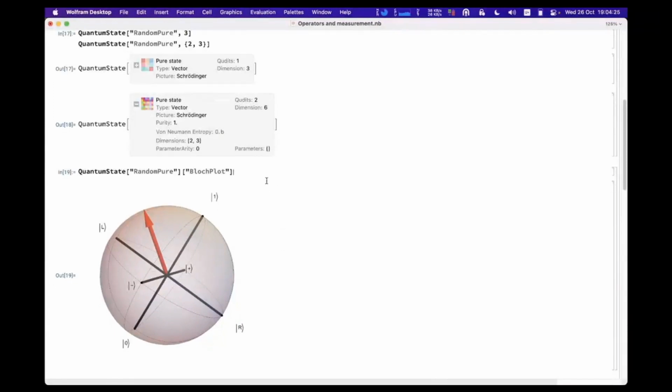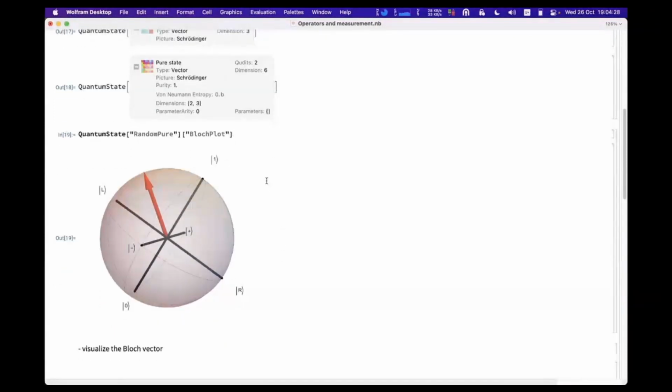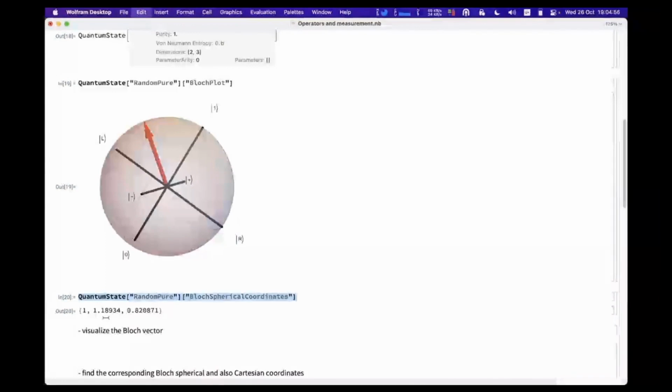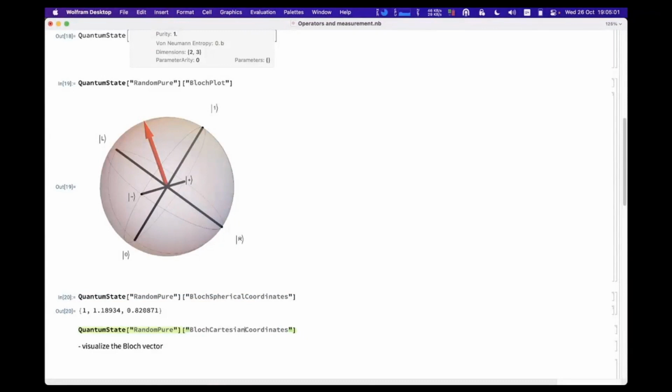For the red vector, the Bloch vector that you see there, you can either get the spherical coordinates of that vector, or you can easily extract the Cartesian coordinates. So for one of them, you have to ask for spherical coordinates. That's the spherical coordinate of that one. And likewise, you can go with Cartesian coordinates.